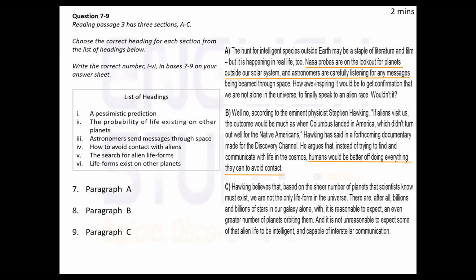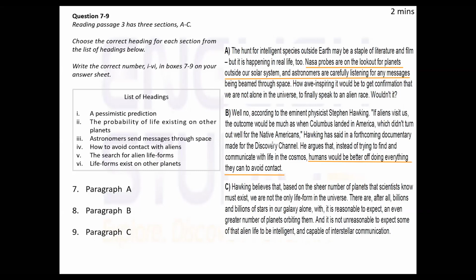If you find the corresponding synonym, it doesn't mean that is the correct answer, okay? You have to understand the whole meanings of this heading. How to avoid contact with aliens is not explained in paragraph B. But kalau kita baca secara keseluruhan, the correct answer must be heading 1, a pessimistic prediction. Because if you see here in paragraph B, Stephen Hawking said, if aliens visit us, the outcome would be much as when Columbus landed in America, which didn't turn out well for the Native Americans.